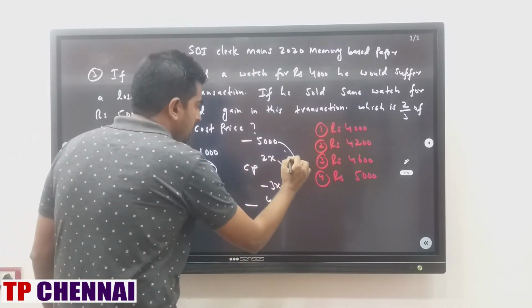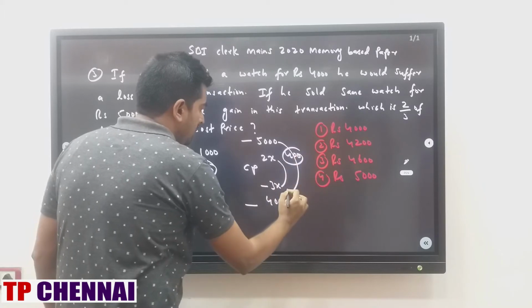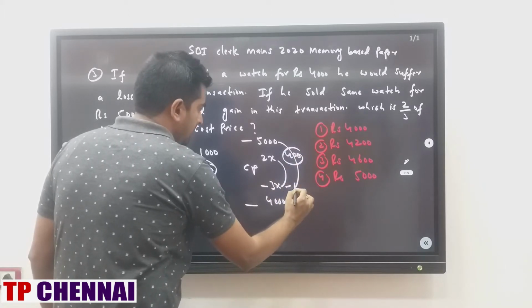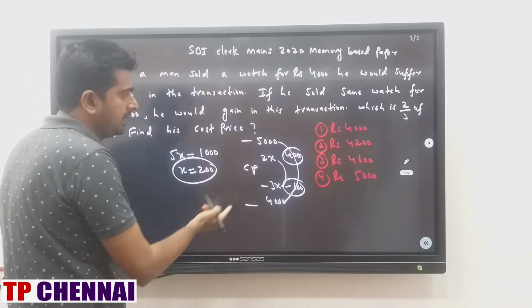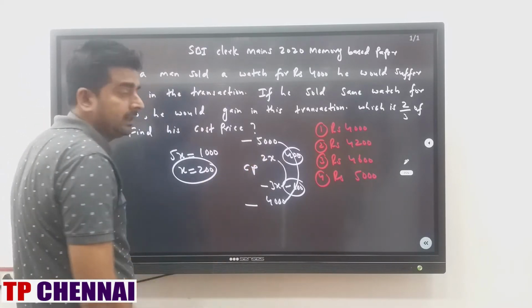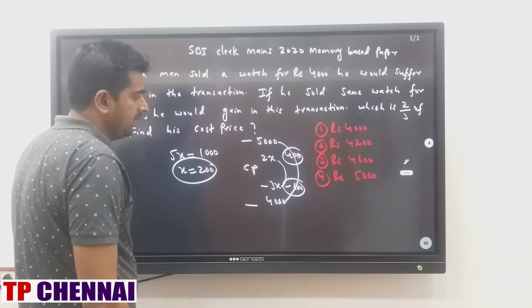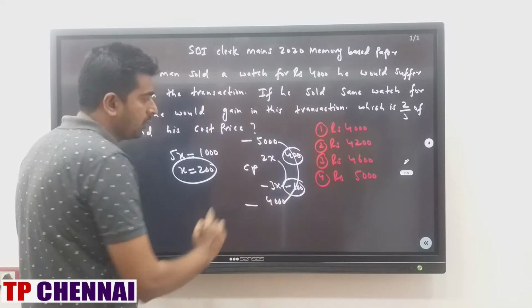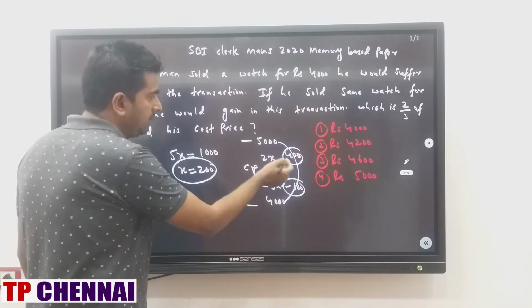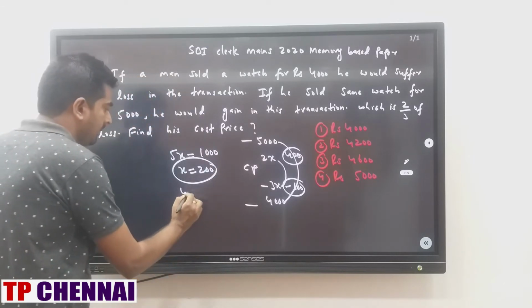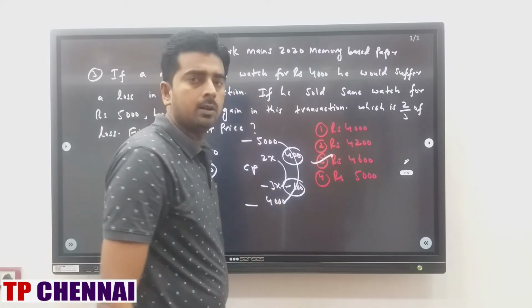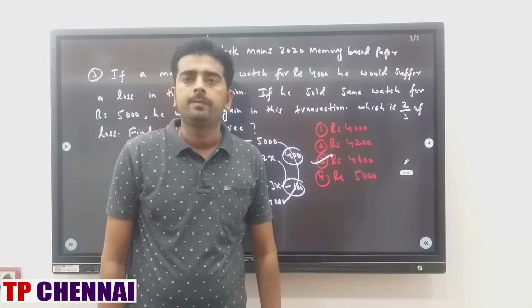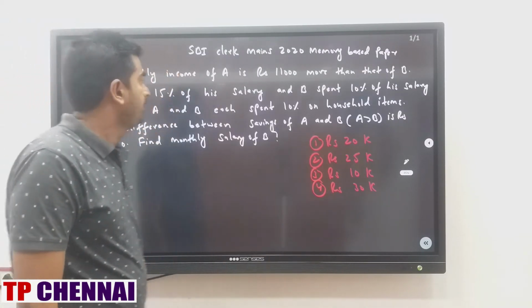This is 400 and this is minus 600. Here he is getting profit, so if you subtract 400 from 5000 you get the cost price, or if you add 600 to 4000 you get the cost price. The answer is 4600, which is the third option. Now we'll see question number 4.